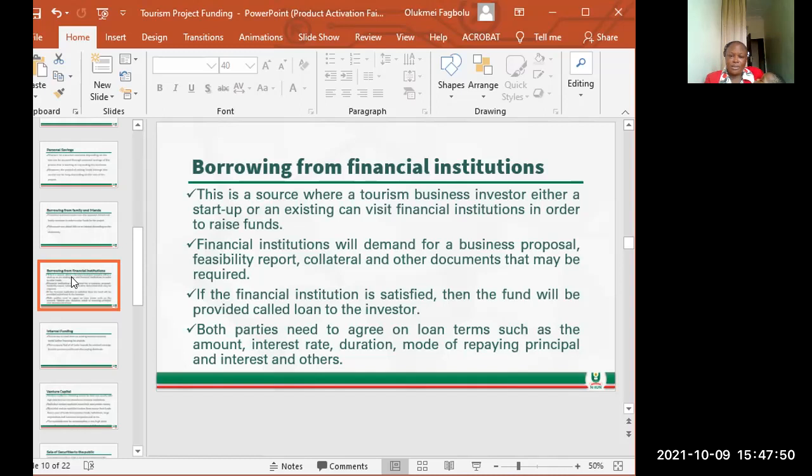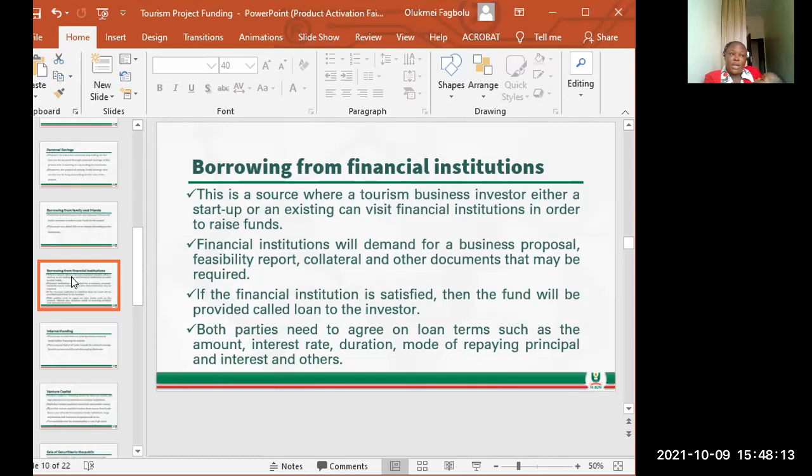developmental banks. And when you're approaching any financial institution for funds, of course, the first thing they will ask for is your proposal, business proposal, especially for new businesses. When you want to establish a new business, they will definitely ask for a proposal.